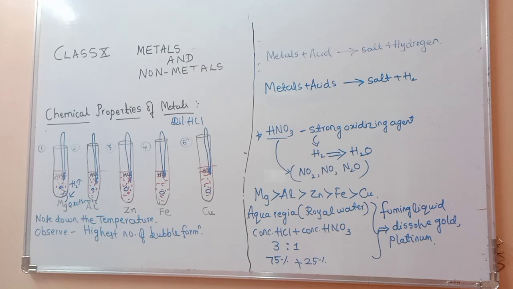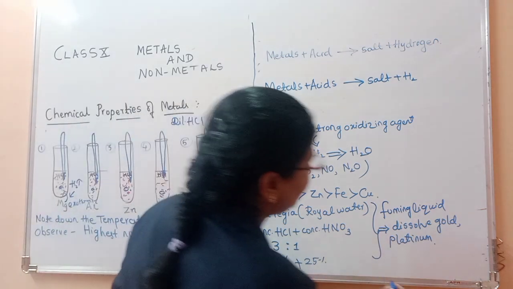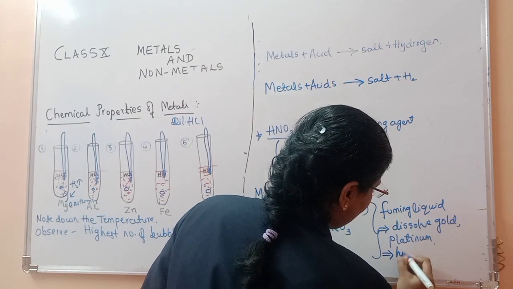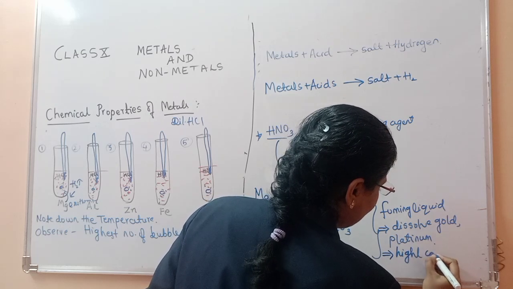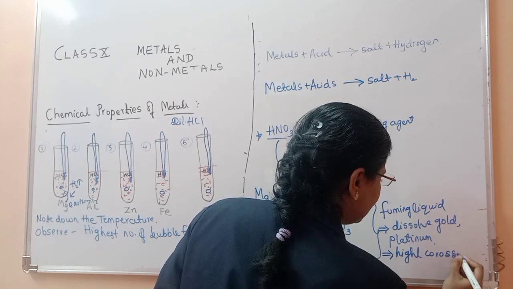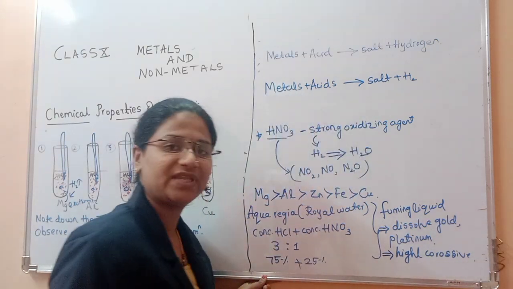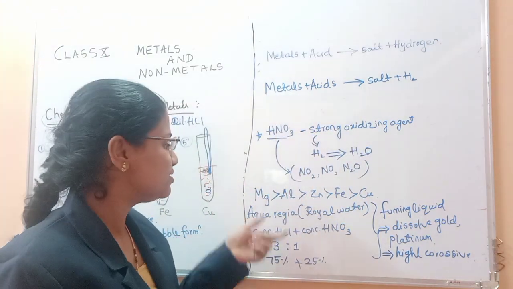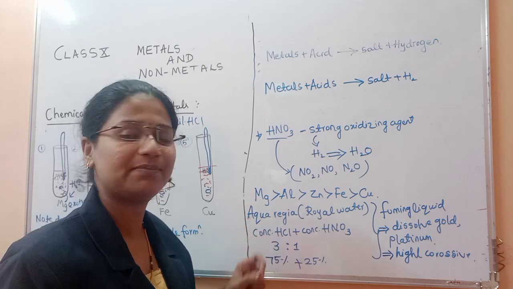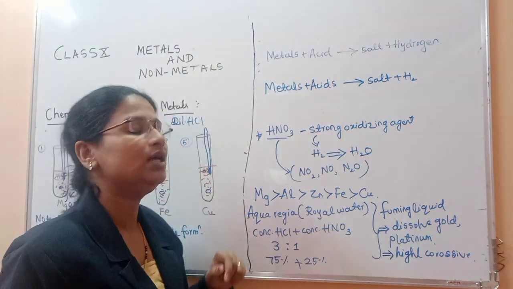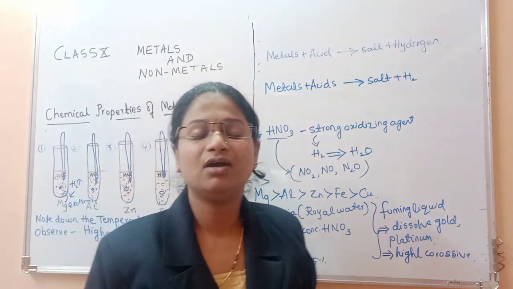It is highly corrosive, which means it will burn. It is very dangerous to handle. It has the capacity to burn. So this is the concept of aqua regia and also the reaction of metals with acids.